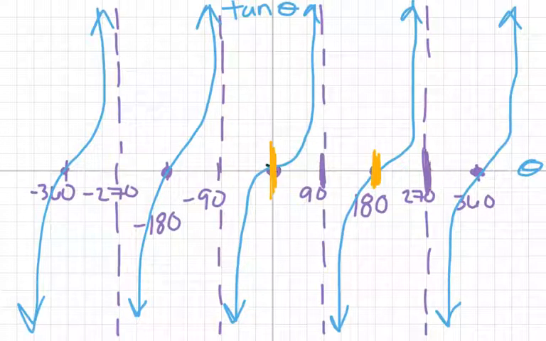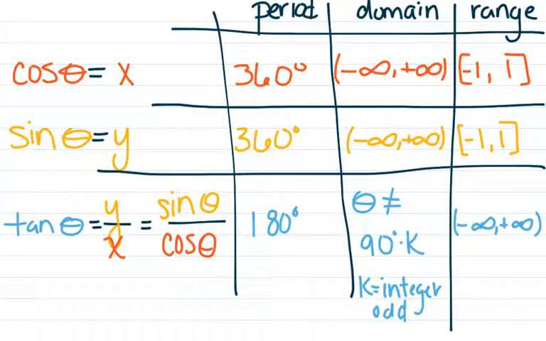So this is 90 degrees, 3 times 90 degrees, negative 1 times 90 degrees, negative 3 times 90 degrees. So once again, the domain of our tangent function is every theta except for odd multiples of 90 degrees, and then the range of our tangent function is all reals, so from negative infinity to positive infinity.